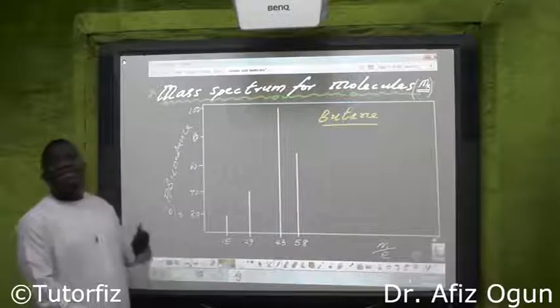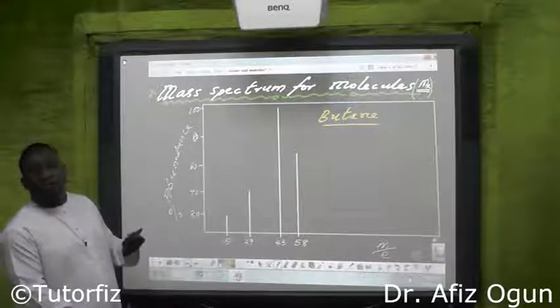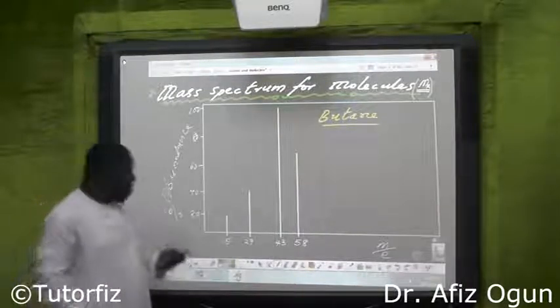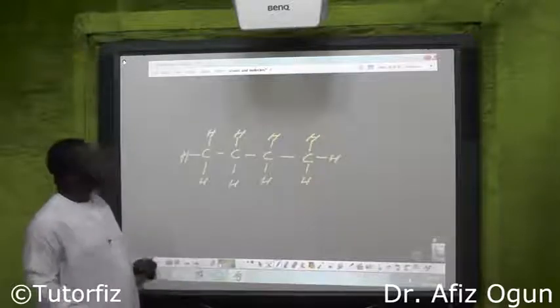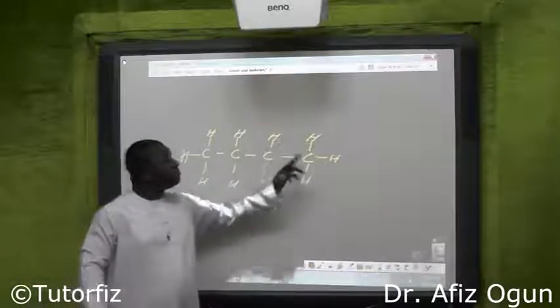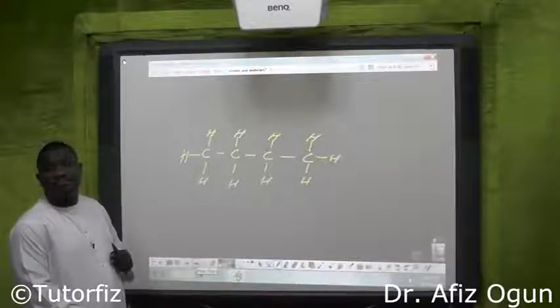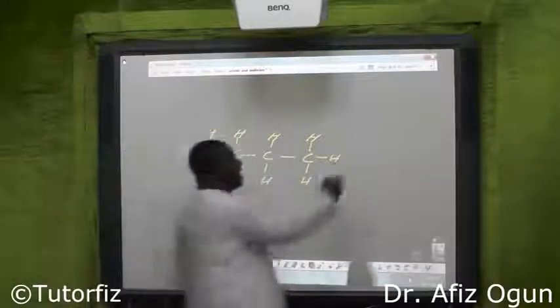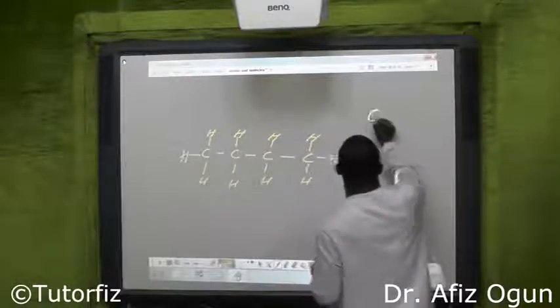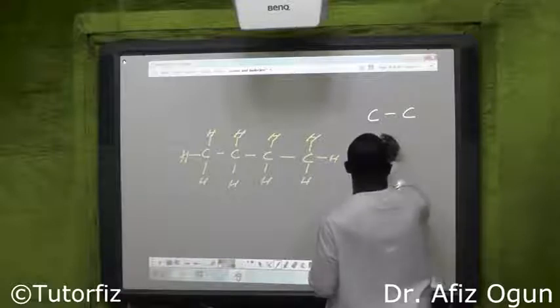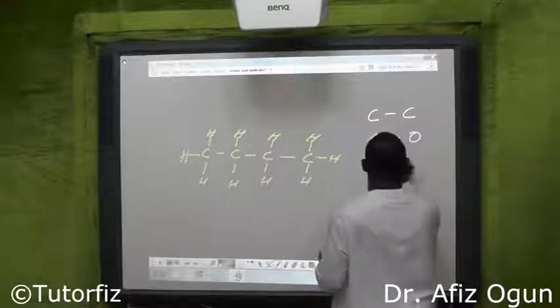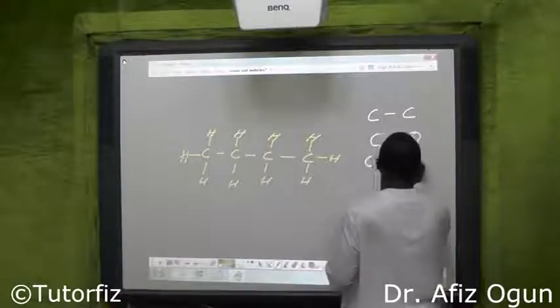However, this electron may be energetic enough to break the bonds, to break these bonds. For your information, in organic chemistry, the bonds that are easily broken like this are carbon-carbon, carbon-oxygen, carbon-nitrogen. They easily break.